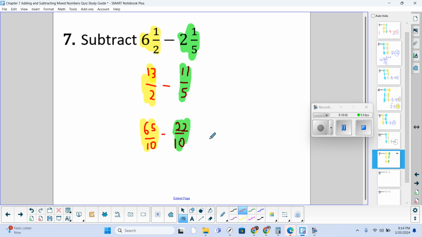So if I subtract now, what do I get? Well, 65 minus 22 is equal to, let's see, I'm going to do that over here. 65 minus 22, little scrap area. 5 minus 2 is 3. 6 minus 2 is 4. So that would be 43 over 10. Well, let's change that to a mixed number. 10 goes into 43 4 times.